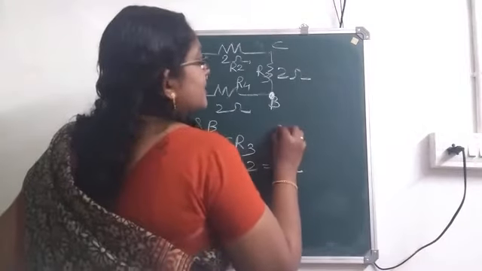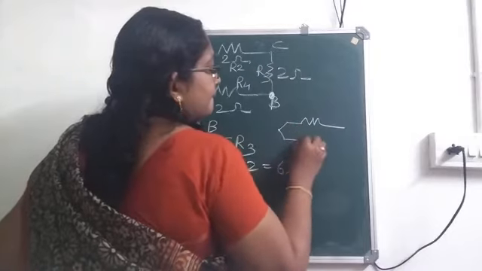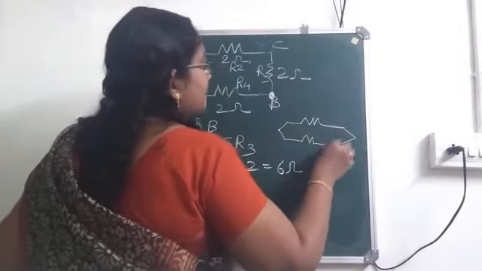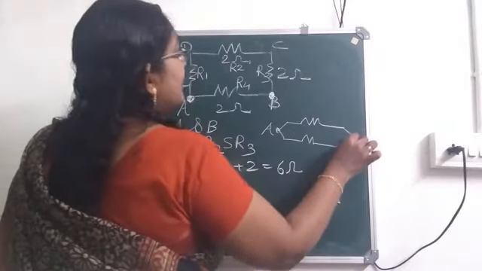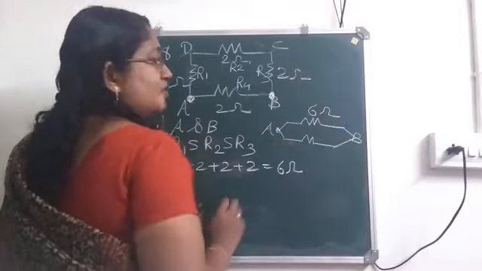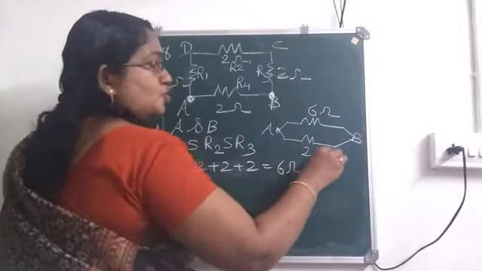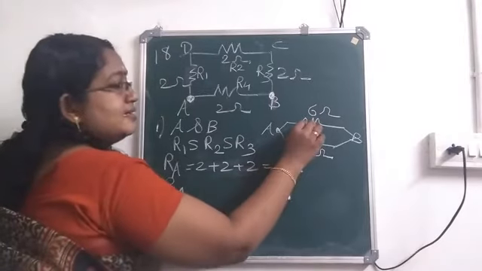So the circuit will come like this. This point is A, this point is B, and here the resistor is of 6 ohm resistance, and the other is 2 ohm. This is RA.